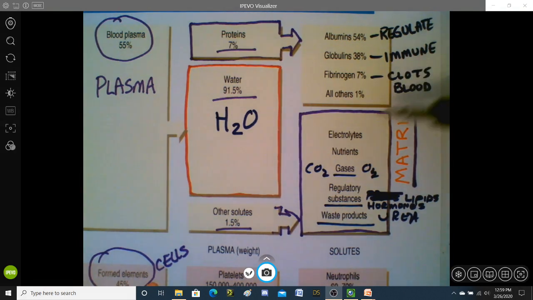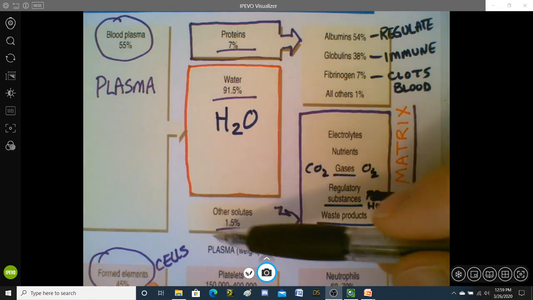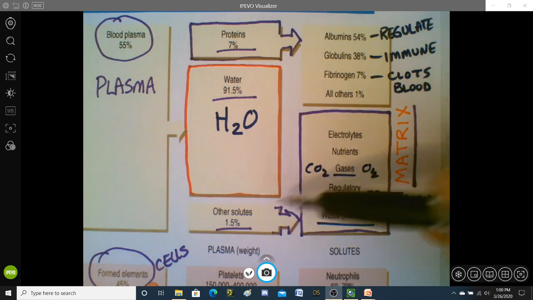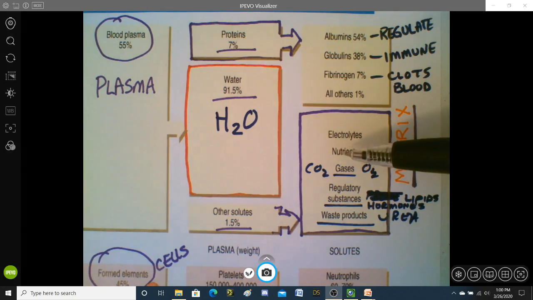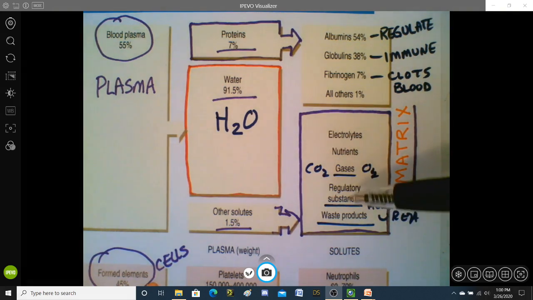All right. And then our other solutes, other things that are carried in the bloodstream, are not proteins. So things like electrolytes, sodium, potassium, chlorine, electrolytes, or ions. Nutrients, in other words, glucose, sugar. Some gases are carried in the blood plasma, like CO2, a little bit of O2.